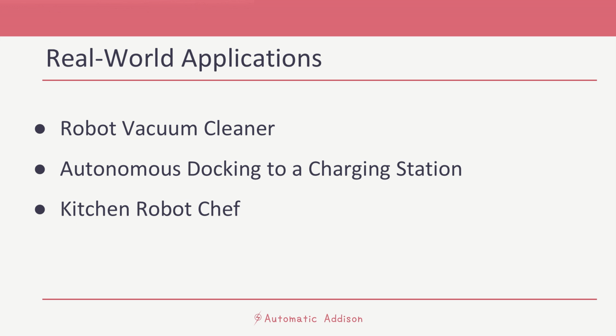Now let's consider a mobile robot that needs to autonomously dock to recharge its batteries. This process involves multiple steps and precise positioning. We can create an action called Dock to Charger. The action provides continuous feedback about the robot's progress, such as approaching charging station, aligning with dock, making final approach, and charging connection established.